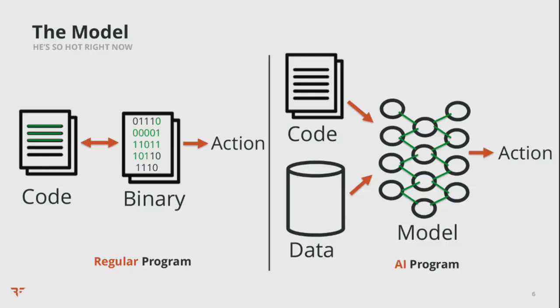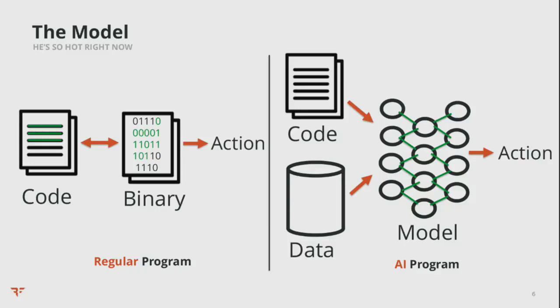An AI program differs slightly in that there is still a binary and there's still a program being written, but it takes in data and runs it through what's called a model, and the model is what decides an action.